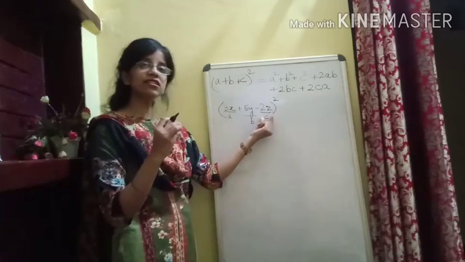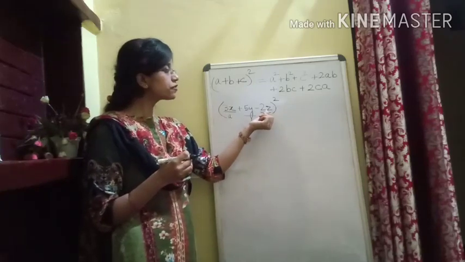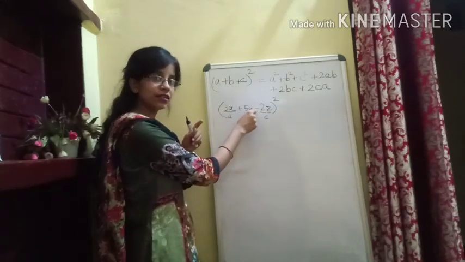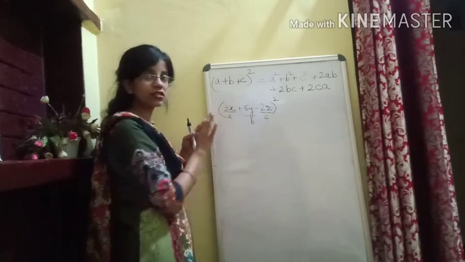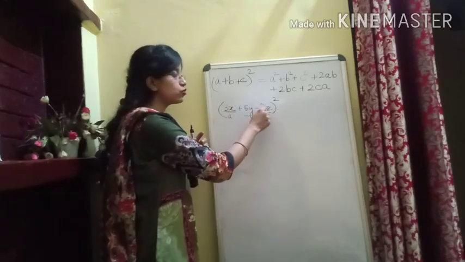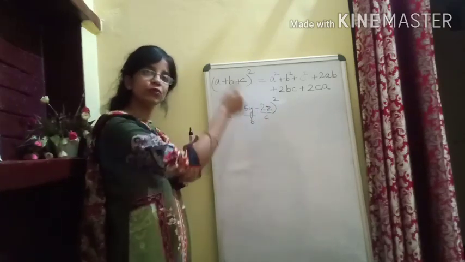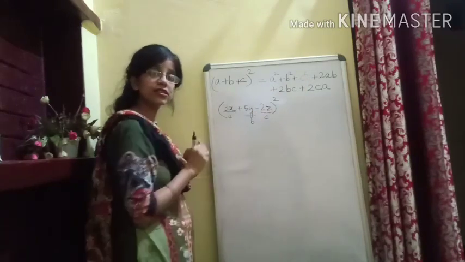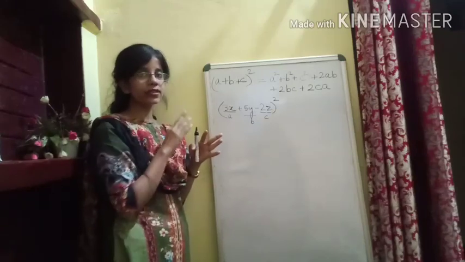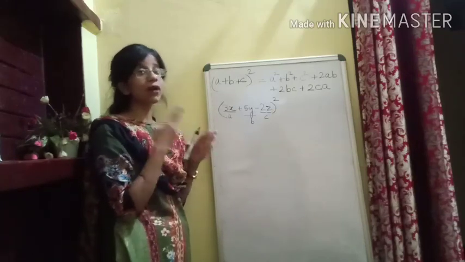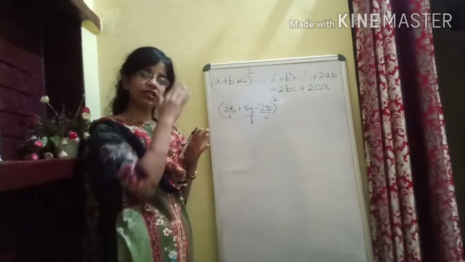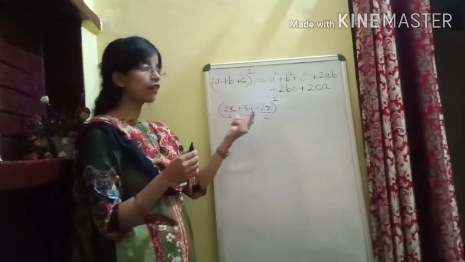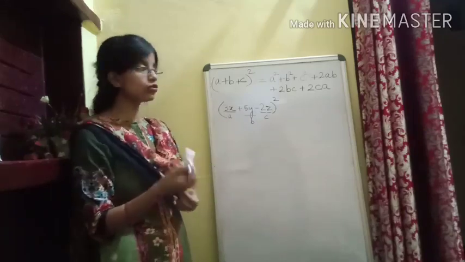Now the value of c here is minus 2z. We always include the sign, minus 2z. It is not 2z only, it is minus 2z, which means when we put the value in our expression, we put the value with sign. Mind it. For the identities we learned for two terms, that is for binomials, we did not consider the sign; we saw the sign and applied the identity according to the given sign. But here we have to put the values with sign.